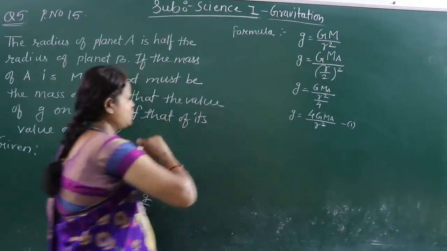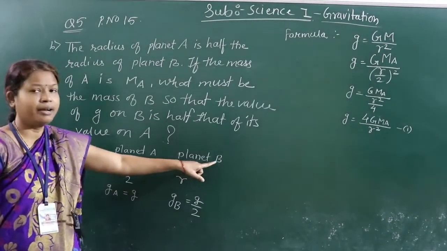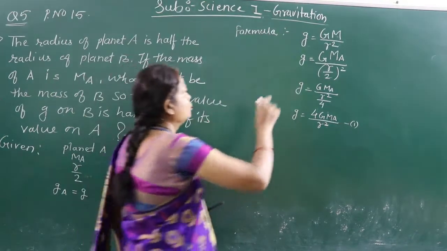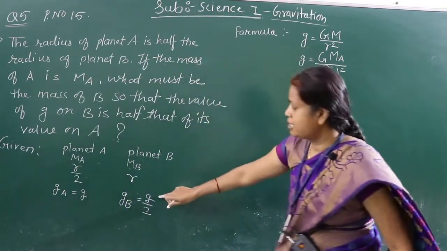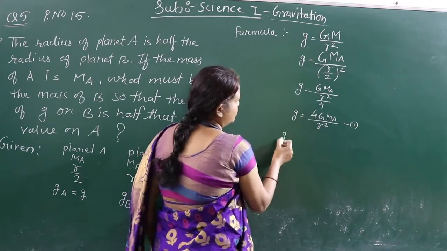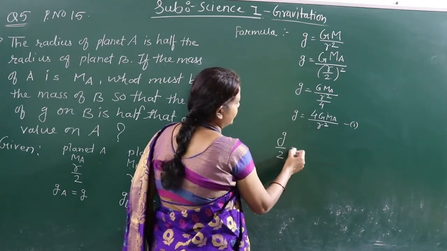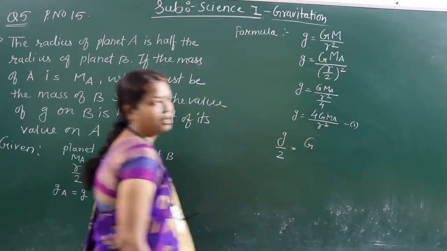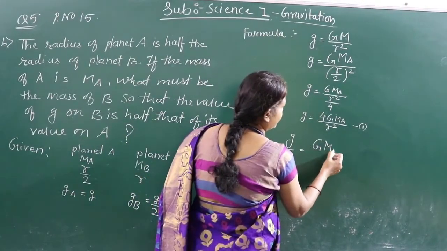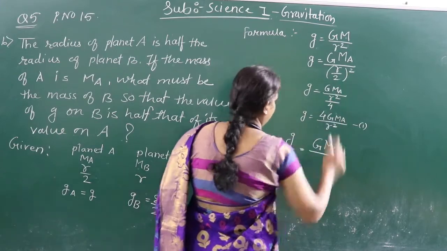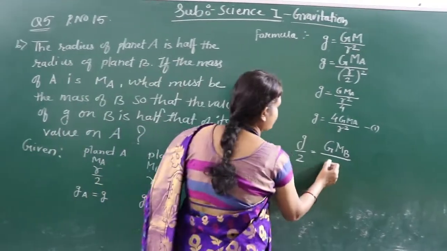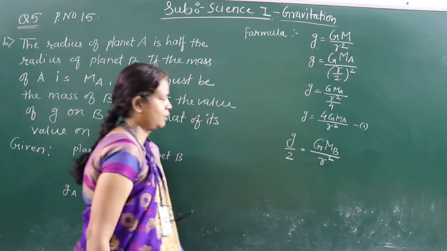Now what is our second situation? That is for planet B. Again the same formula will be there. So the value of g becomes half. So g upon 2 is equal to G, now for another planet, that is M_B, upon, the radius is not half, it is r, so r square.